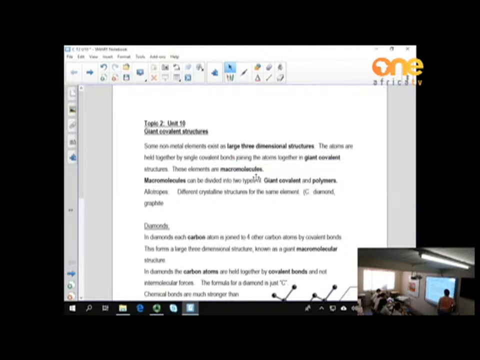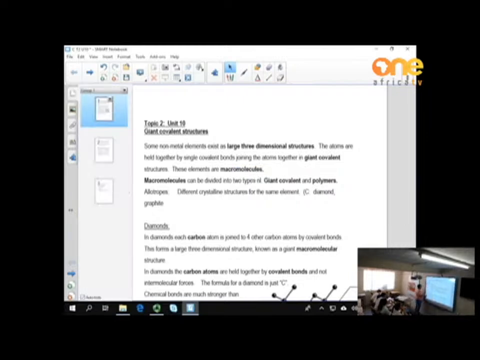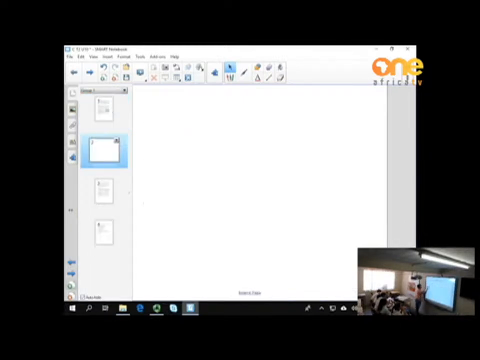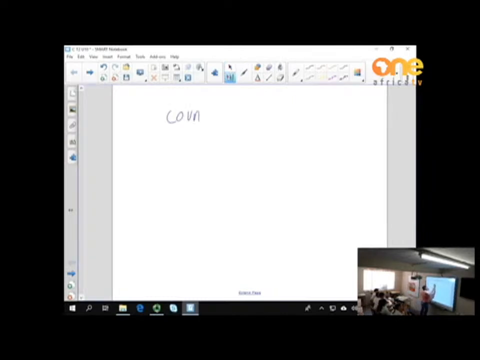Now, before we start with this, I want to explain something. Let's just add in a page. All right, people, when we have covalent bonds, the product of a covalent bond is a molecule.